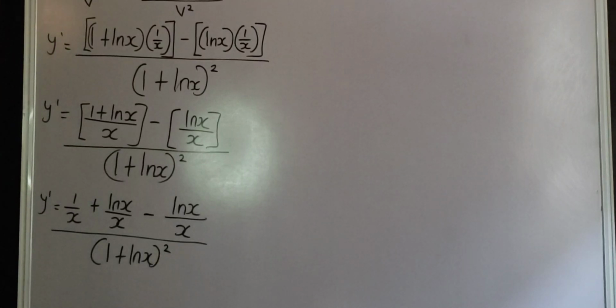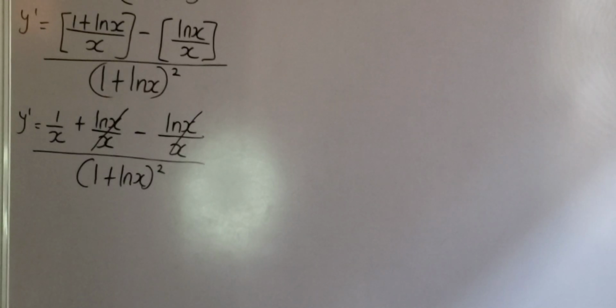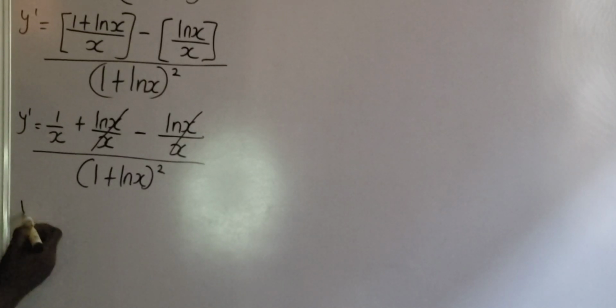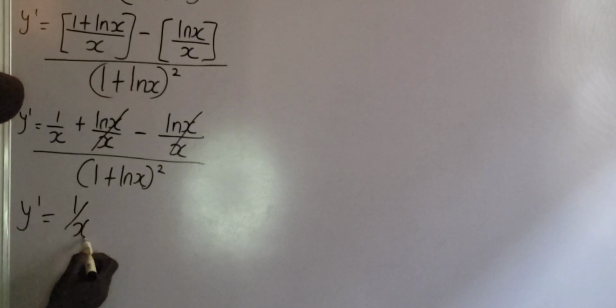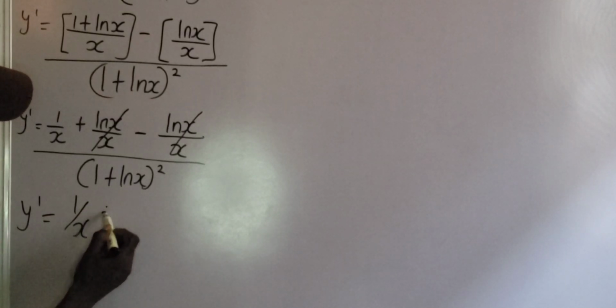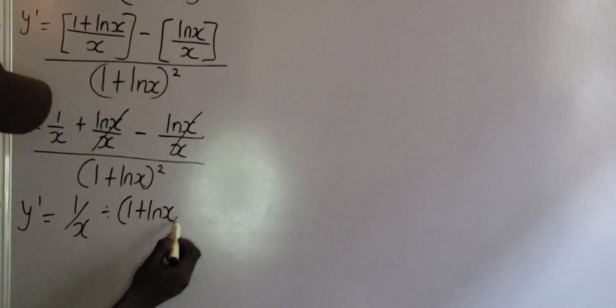Do you understand? So from this now, we can easily cancel this out. This can be cancelled, such that we are left with the derivative of y equal to 1 over x divided by 1 plus ln x raised to the power of 2.